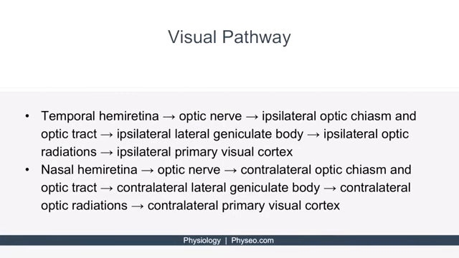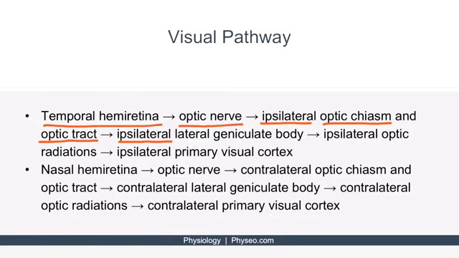So starting with the temporal hemiretina, which is the lateral halves of each retina in each eye. It goes from the temporal hemiretina to the optic nerve, and then it goes through the optic chiasm, and anything temporal stays ipsilateral. It does not decussate. And then after it goes through the chiasm, it goes to the optic tract.